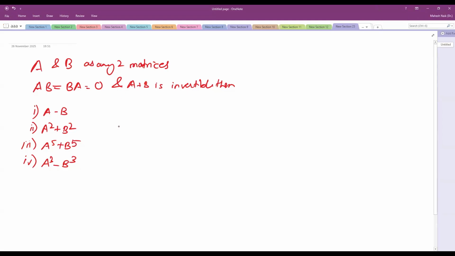I think A square plus B square will be invertible.